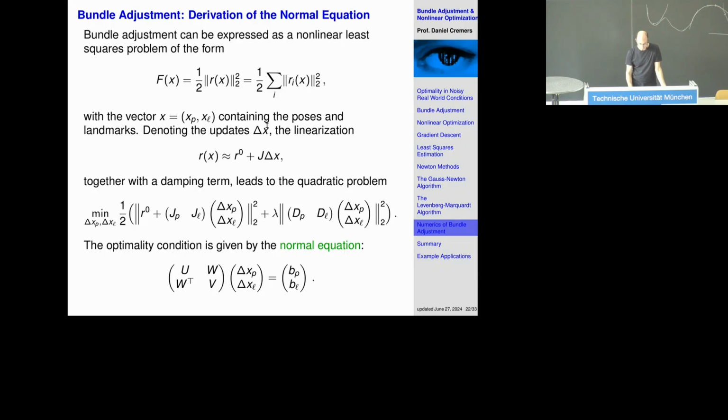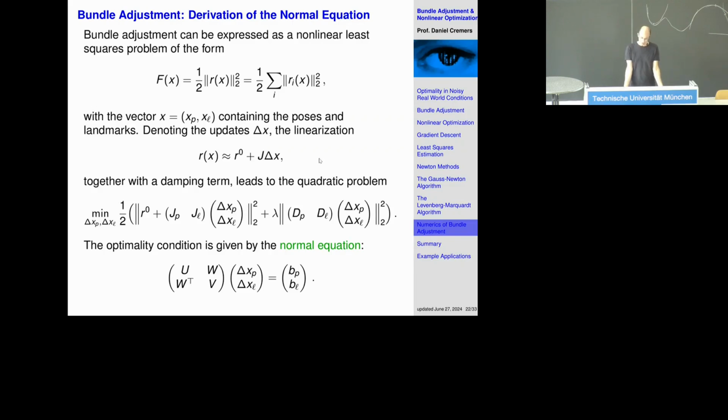And the Gauss-Newton algorithm can be derived from this loss function in a slightly different way. You can say, and it comes out the same really, you can approximate the residual with the first order Taylor approximation, where you have the initial residual r0 plus the derivative J, the derivative of r with respect to x, times delta x, that is the update.